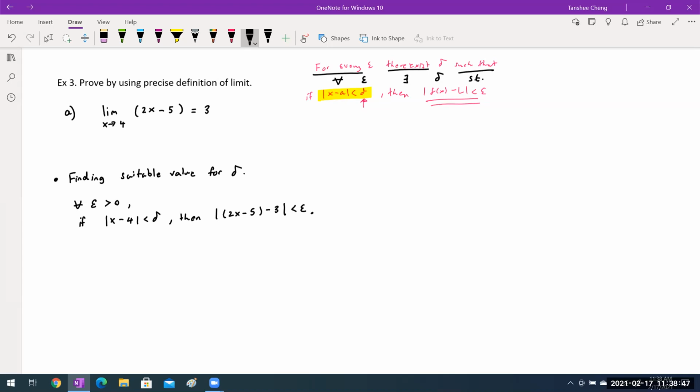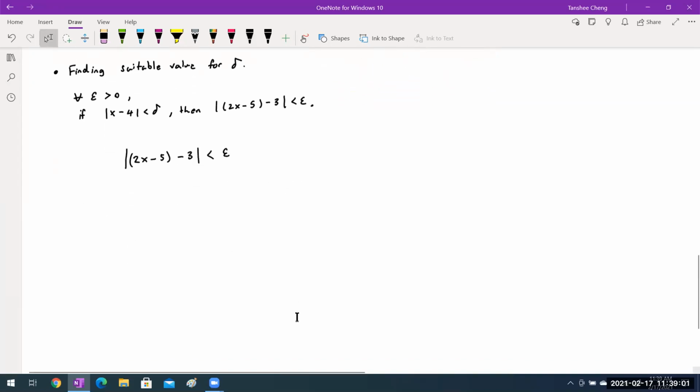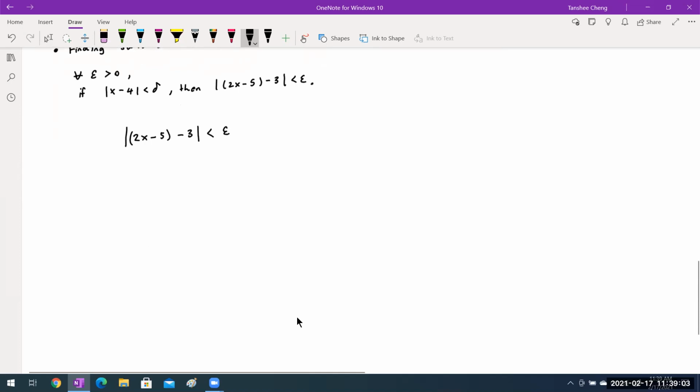So another way of saying it is we're going to start working it out like this. This is not a proof. This is the tweak part. We start with the conclusion that we want, to find out actually what is the suitable delta that we need to use. So we want to try to work it out this way.